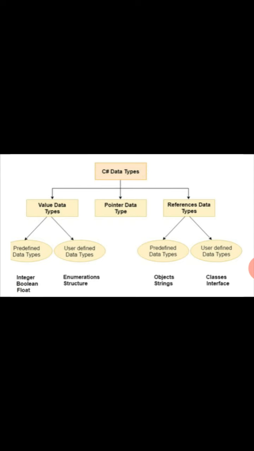The next, integer: memory size is 4 bytes, range between minus 2 147 483 648 to 2 147 483 647. Then next is float, size 4 bytes.